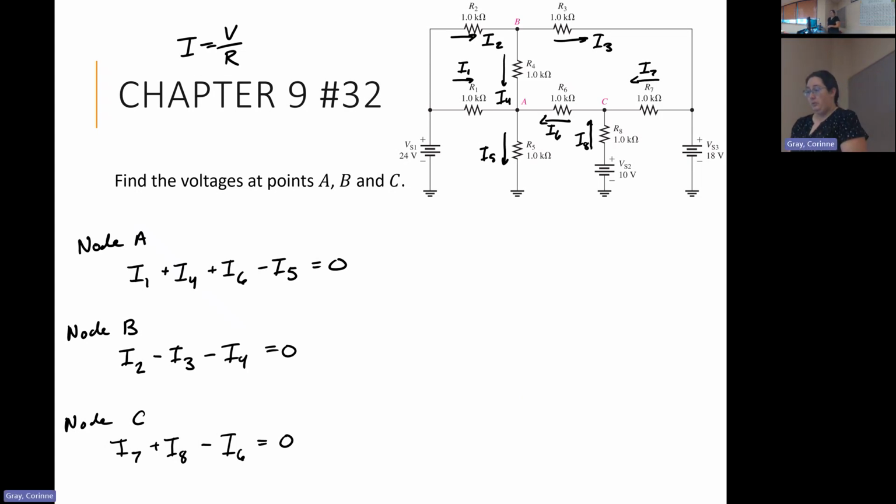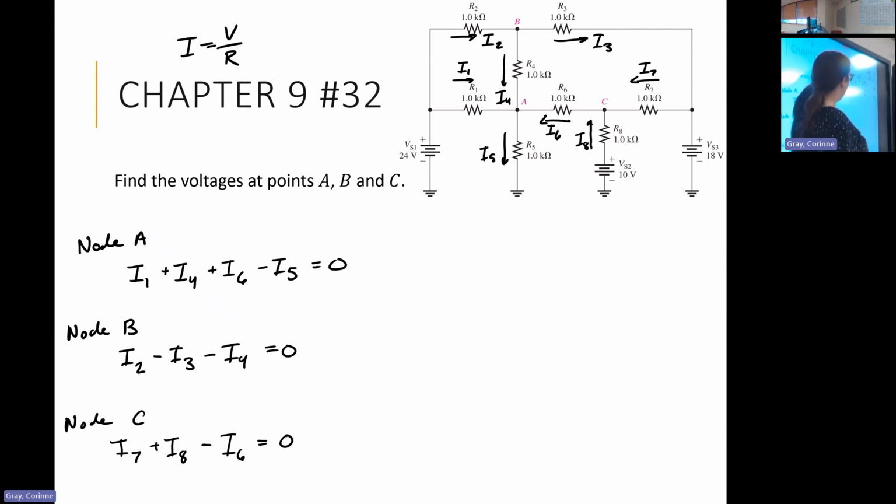All right, so we want to find an equation similar to Ohm's law for each of our resistors, because that's going to associate it with its particular voltage. Let's start with I1, because numerically it's first. If I look at this node here, directly above VS1, what should my voltage be? 24.